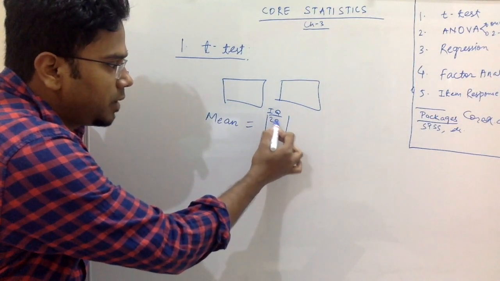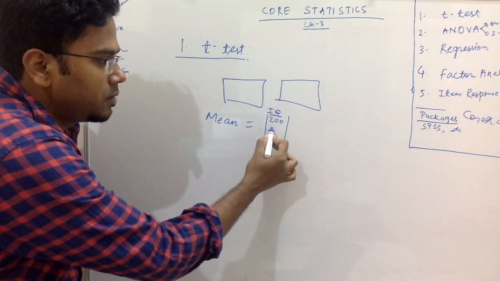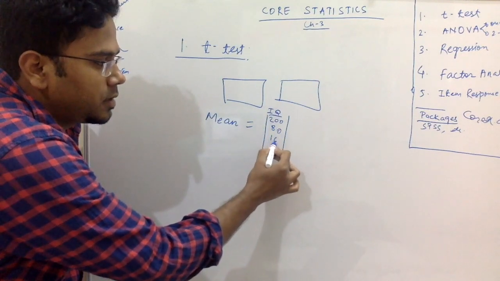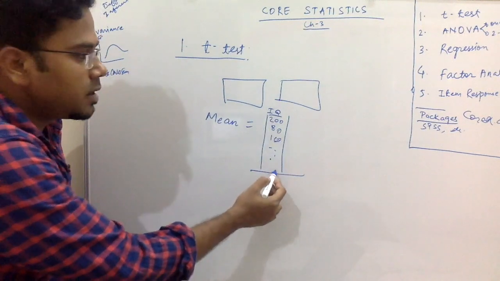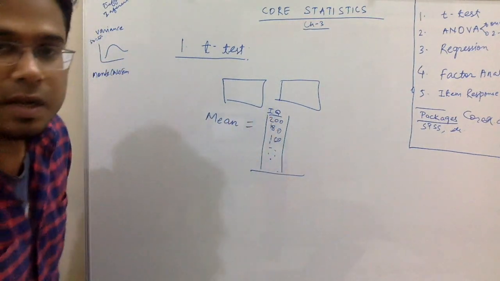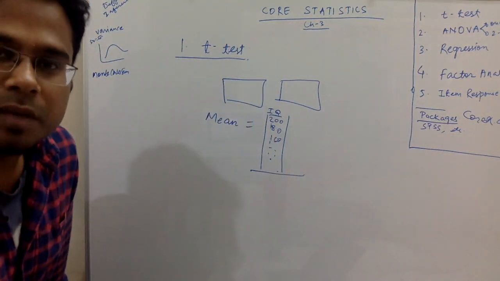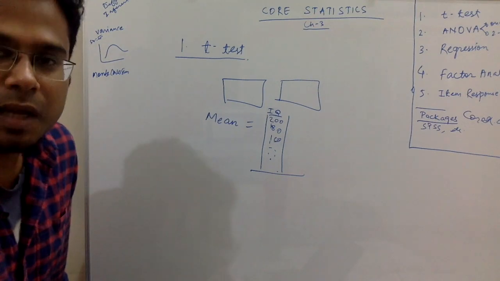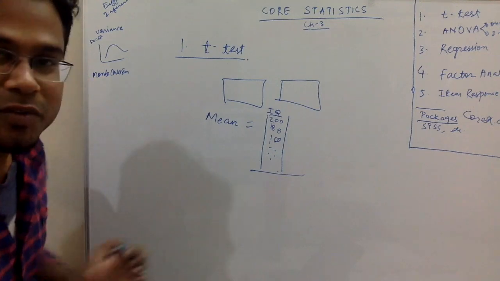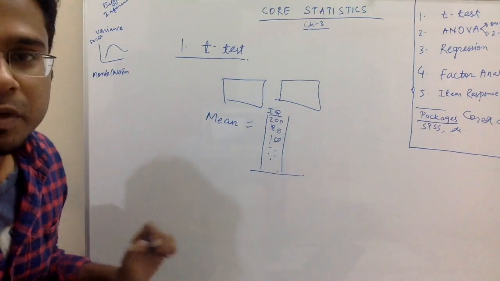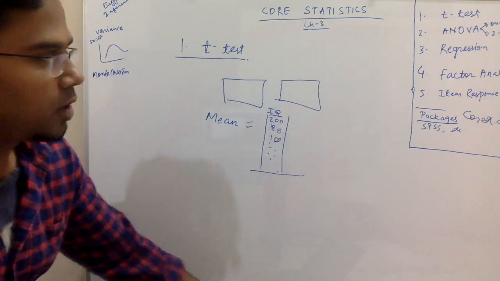Somebody's IQ is 200, somebody's IQ is 80, 160, and so on. So you sum all these and then you divide by the number of observations. That is your mean. I know this is very simple, but people who are finding it very simple, I'll go into really great depths later, so at that point you might not feel it is simple. This is for the people who want to start from scratch.